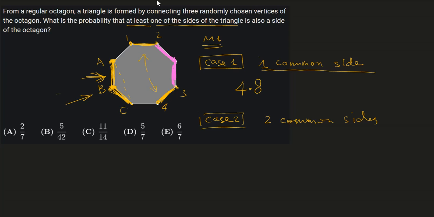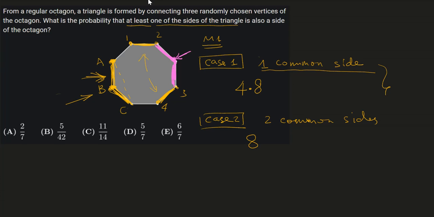These 2 are a pair of adjacent sides, and it's uniquely determined by this pivoting vertex. Therefore, how many pivoting vertices can we choose from this octagon? This octagon has 8 vertices, and each vertex can be the pivoting vertex. Therefore, we have 8 choices. 8 is the number of all such triangles that have 2 common sides with the octagon.